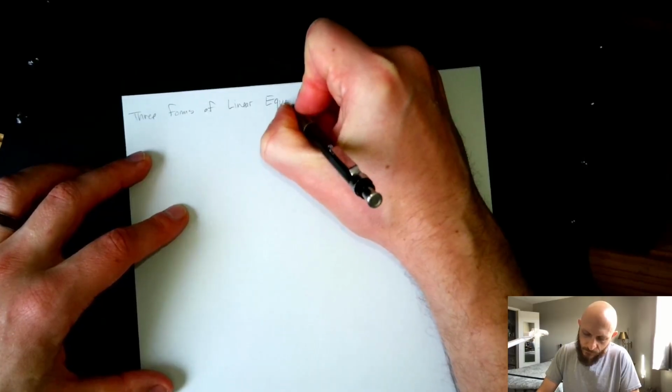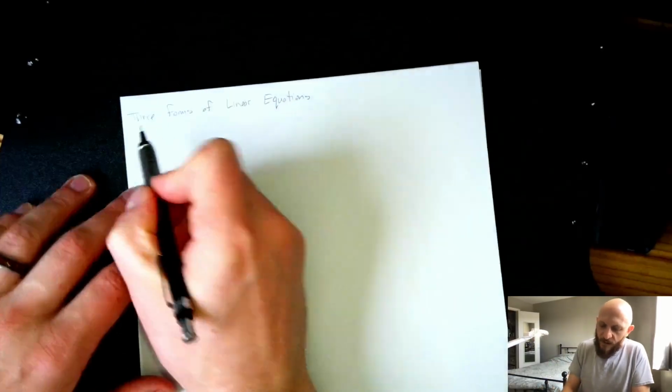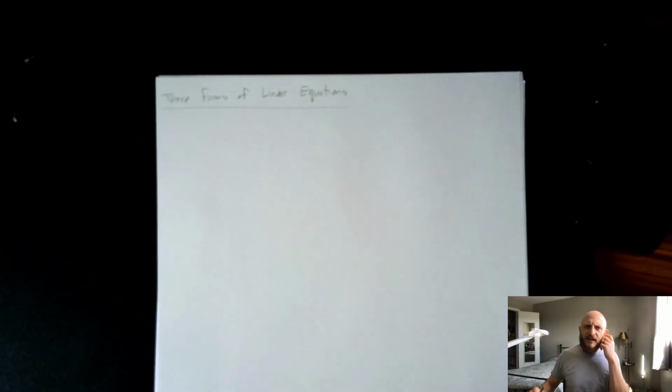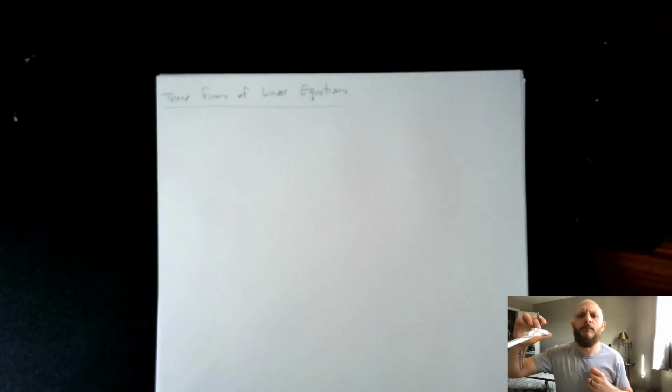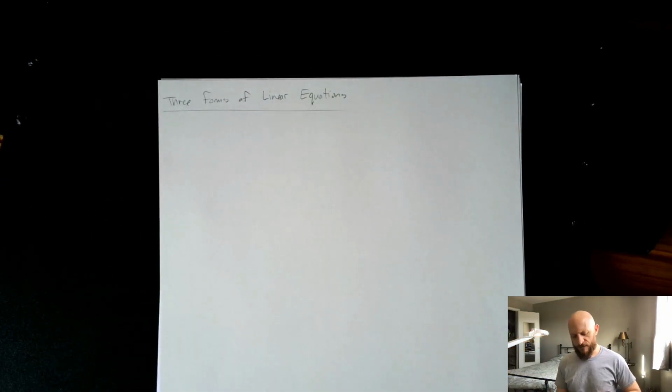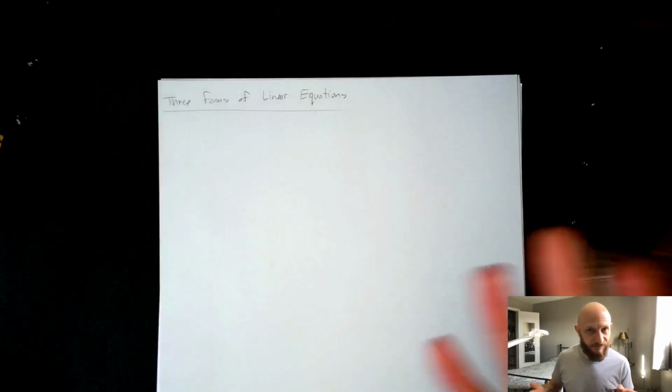The first one that I'll talk about is my favorite because I find it to be the most accessible. And it's also, I think, the one that, for most of us, gets drilled into our head whenever you take this course.